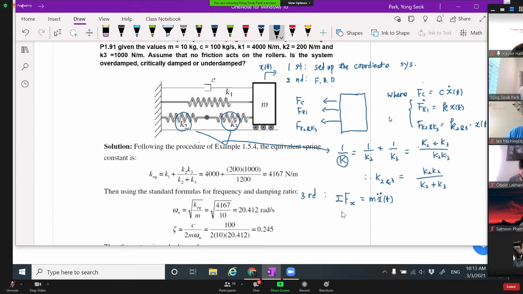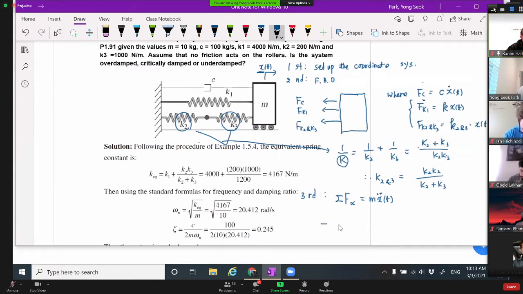Right? So now, like you see, the right-hand side is positive, so with respect to the coordinate system, FC, FK1, FK2 and 3 are all negative, isn't it? Am I right or wrong?